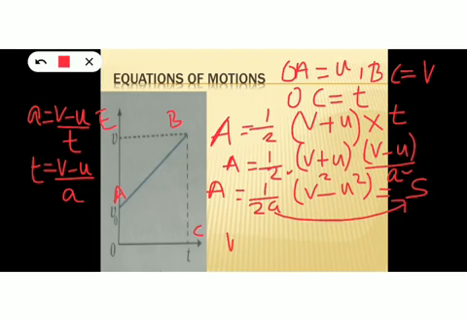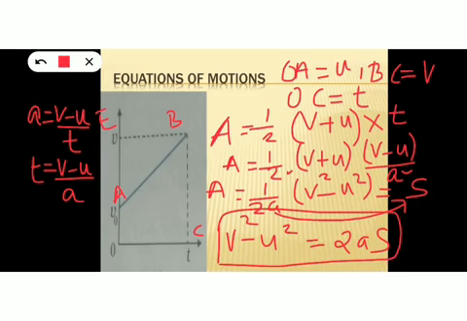So you will get V square minus U square is equal to 2A into S. Thus we have derived our third equation of motion: V square minus U square equal to 2AS. Okay, so with this our equations of motion and derivations are over.